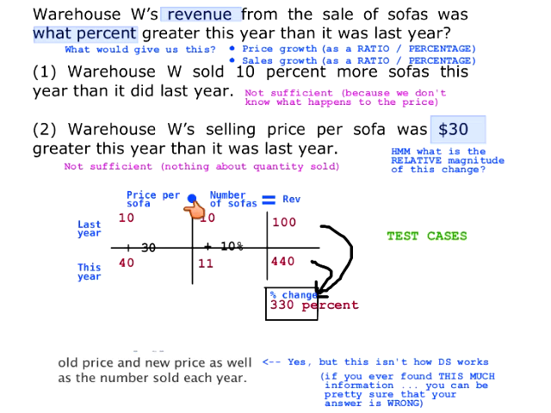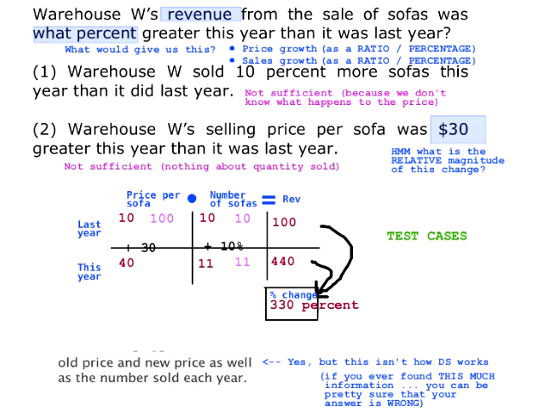If you tweak the number of sofas, then this will be the same. Like if you make this 20 and 22, this will still be 330%, because percent growth is percent growth. But if we adjust the price, so let's make the price $100, and keep these the same.